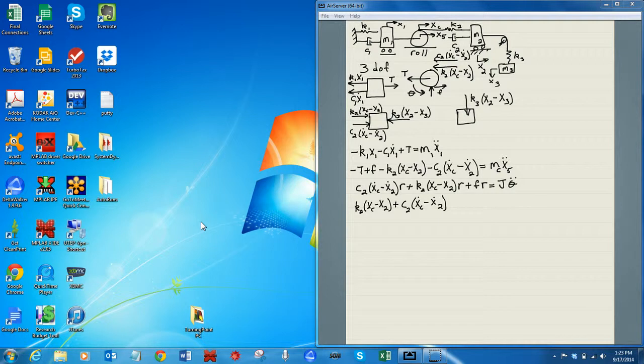On the right hand side I have another spring. This one's pushing to the left, so that's a negative. It's going to be K3 times (x2 minus x3). That's all of the forces, so that equals the mass in the free body diagram, which is mass 2, times the acceleration of the center of mass, which is x2 double dot.